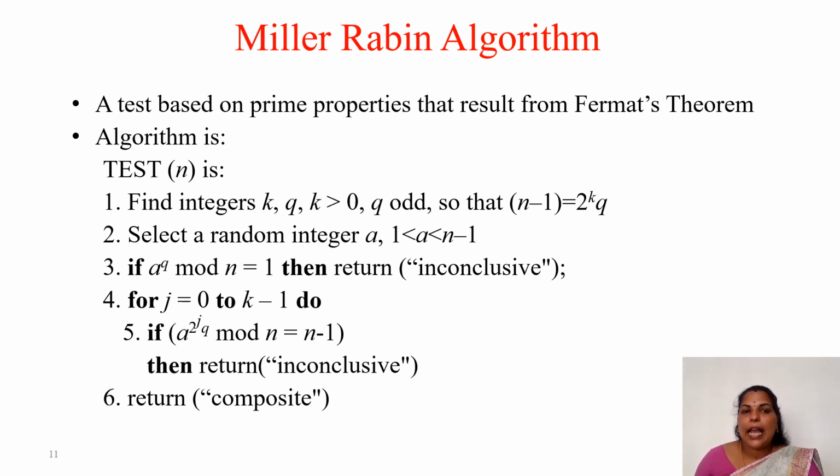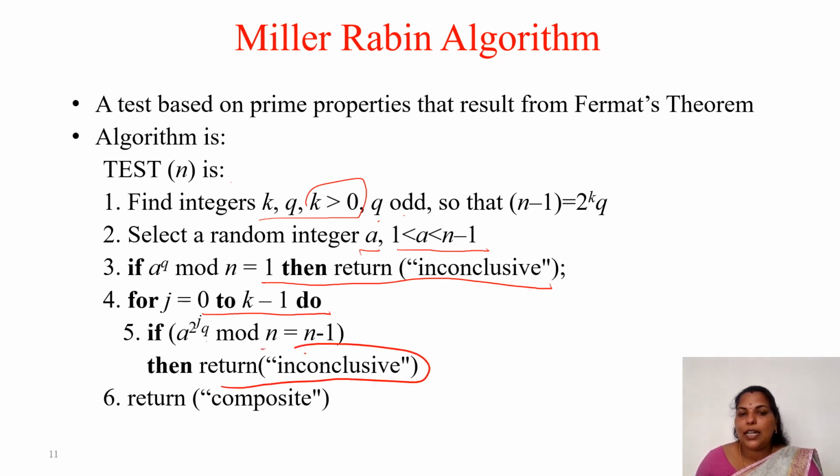The algorithm to test n is: find integers k, q, where k is greater than 0 and q is odd, so that n minus 1 equals 2^k times q. Select a random integer a, where 1 < a < n minus 1. If a^q mod n equals 1, return inconclusive. For j equal to 0 to k minus 1, if a^(2^j q) mod n equals n minus 1, then also return inconclusive.